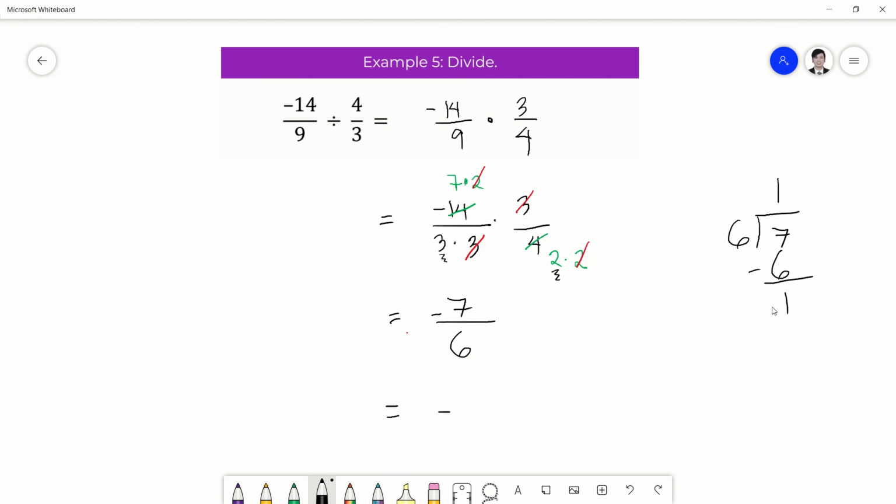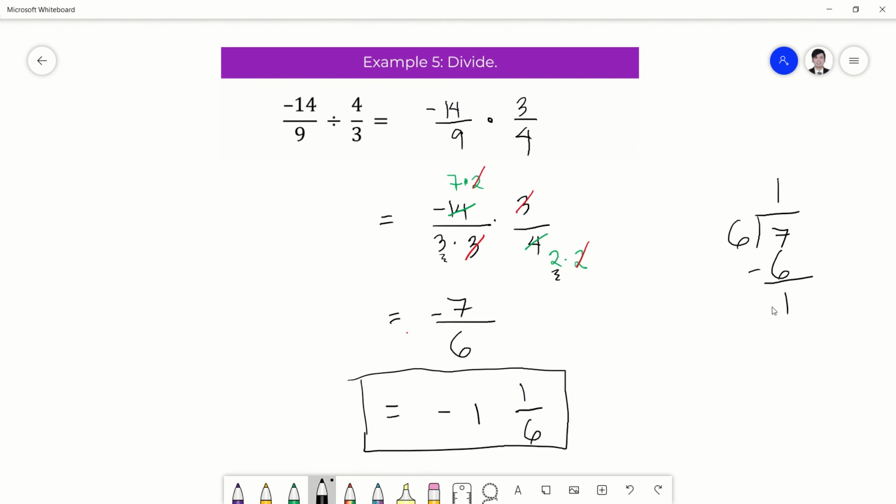That means the mixed number has a negative here because originally there's a negative. The 1 here comes from this part, and then we have remainder 1 and the divisor 6. So the final answer is negative 1 and 1/6.